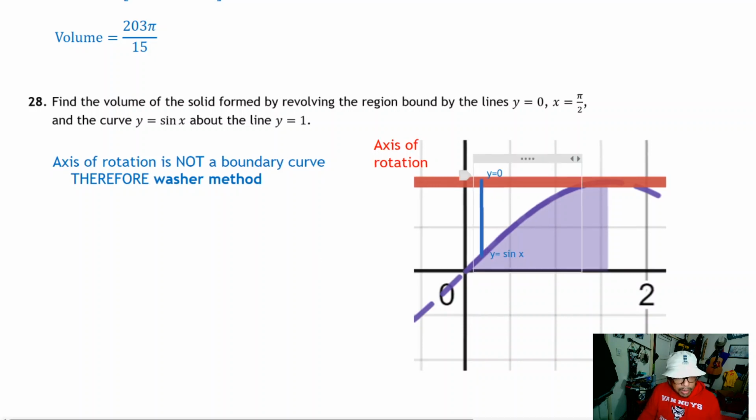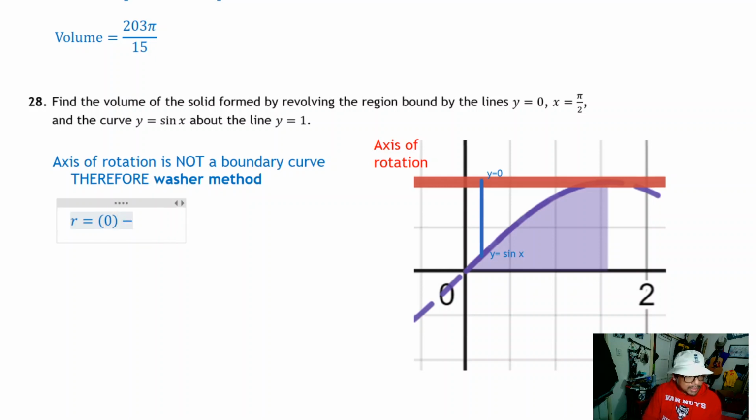Now at the top of that curve, we've got y equals 0, and at the bottom of the curve, the y coordinate is sine x. So my small radius is going to be 0 minus sine x, which is the same thing as negative sine of x. Okay, so that takes care of my little radius.